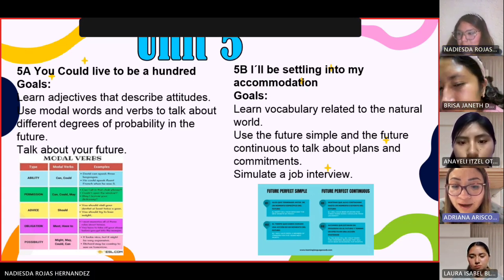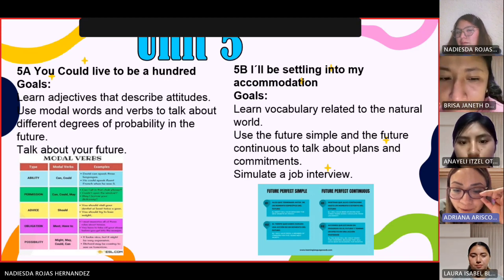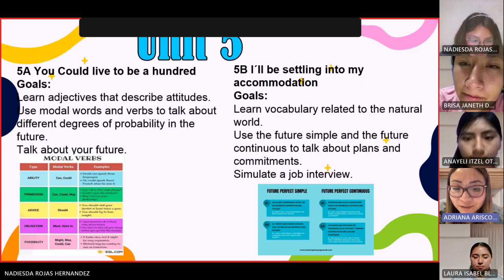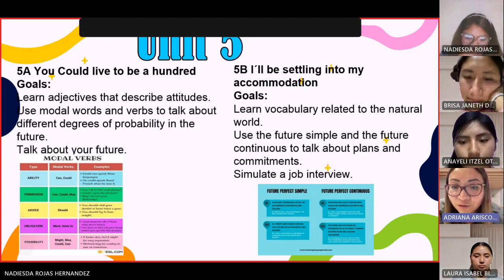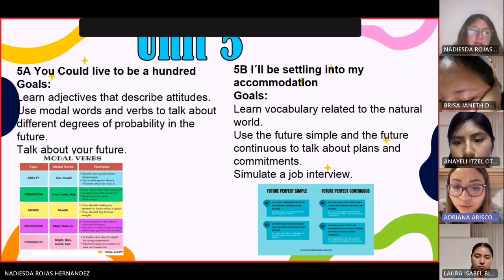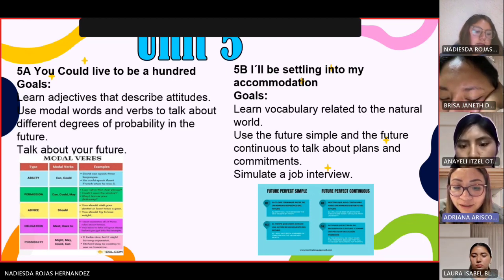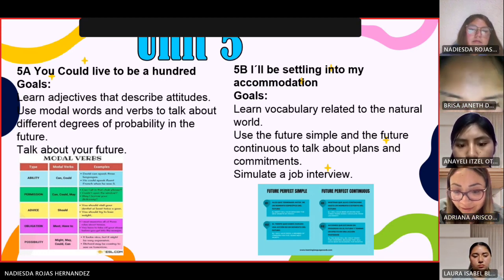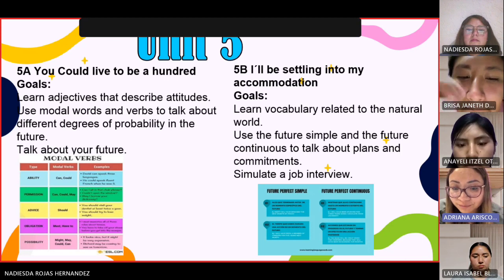Example: I will have been a member of the club for five years next month. Future perfect continuous. Example: I will have been studying for three years when I graduate from university. Example: the band will be great when they perform because they will have been rehearsing for months.